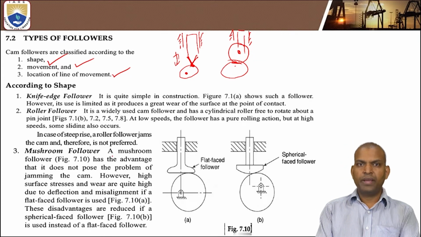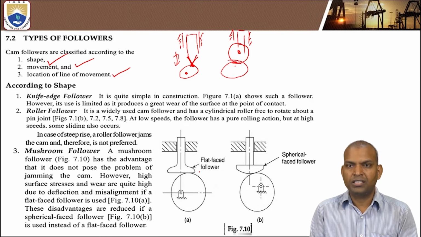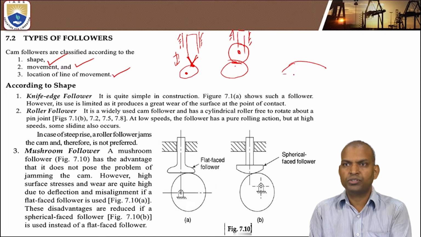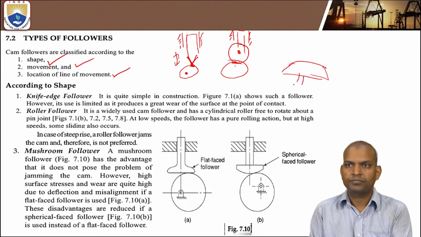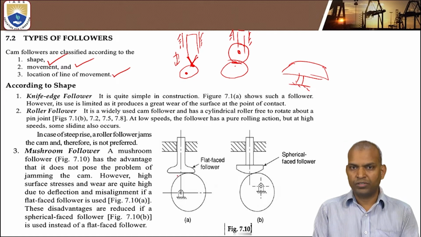Next category based on the shape. Here the shape of the follower, you can see, is the flat faced follower. This looks like a mushroom. If you see mushrooms, this type of shape is a mushroom. That's why these types of followers are called mushroom followers.